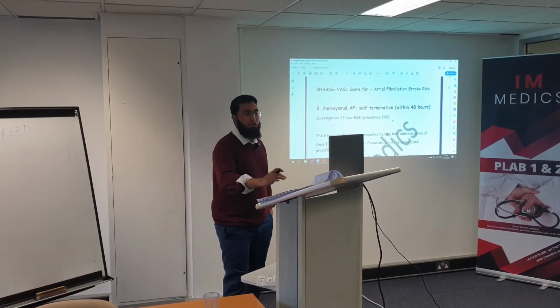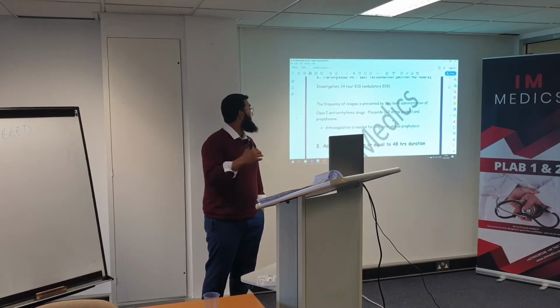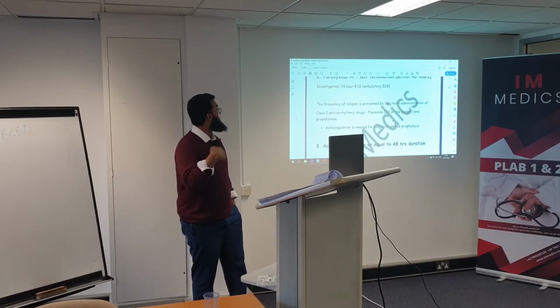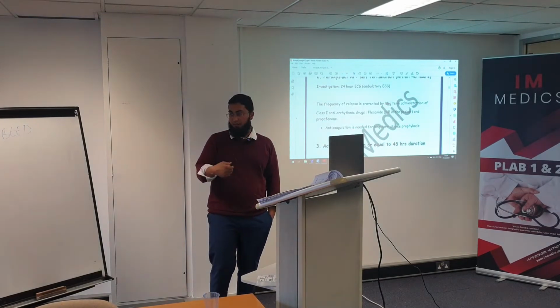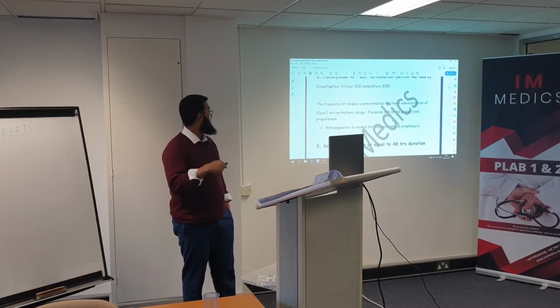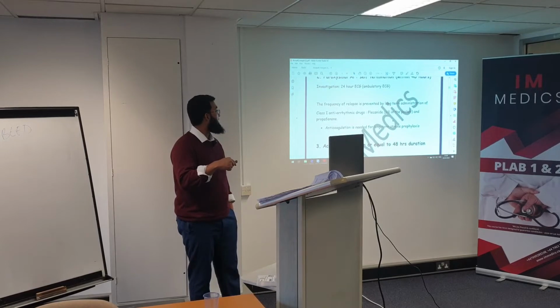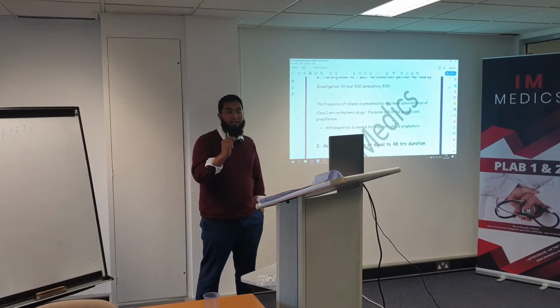For the exam, you need to know this one. Class 1 anti-arrhythmic drugs. This basically prevents the relapse, the frequency of having AF. So flecainide, propafenone, these are the two medications we need to know for the exam, for paroxysmal AF.